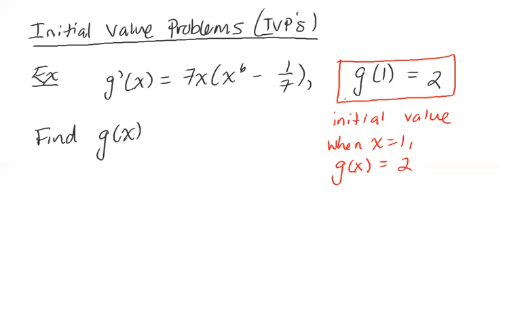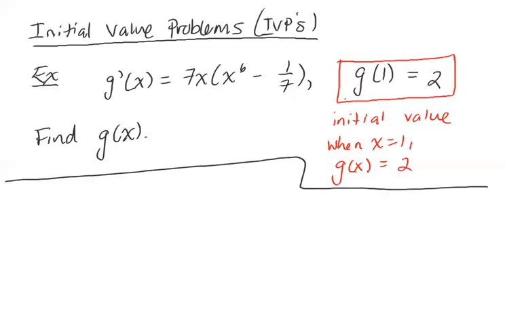I know its derivative, and I know the function value at one point. Well, one thing I know is antidifferentiation undoes differentiation. So it's the backwards version of that. So let's see.